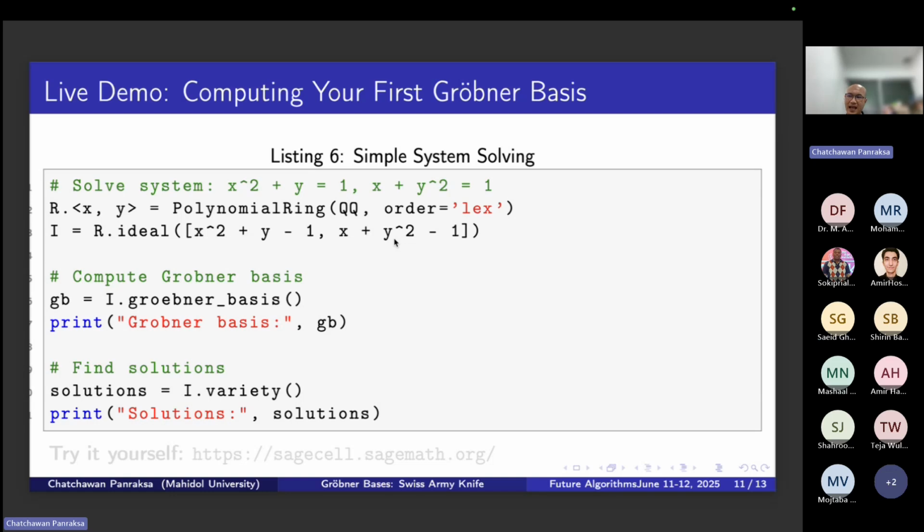I actually first encountered Gröbner basis when I was a grad student. I moved from a research group in dynamical systems, which was very analytic, to number theory, algebraic number theory, and also elliptic curves.